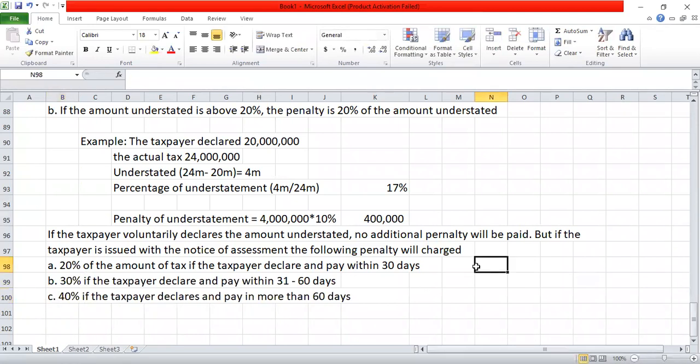So if the taxpayer is issued with a notice of assessment for under-declared tax and they pay the tax within the first 30 days, they will pay a penalty of 20%. If it is paid between 31 to 60 days, the penalty is 30%. If it is paid in more than 60 days, then the penalty will be 40%.